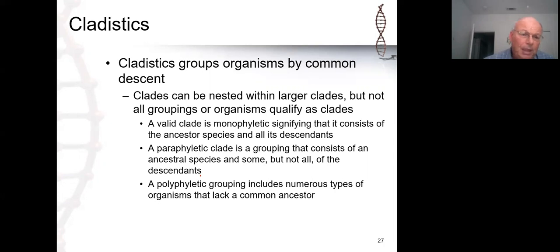Certainly, if the taxon meets the definition of a monophyletic clade, a group of organisms grouped together on the basis of shared common descent, including the common ancestor from which every individual in the clade is descended.